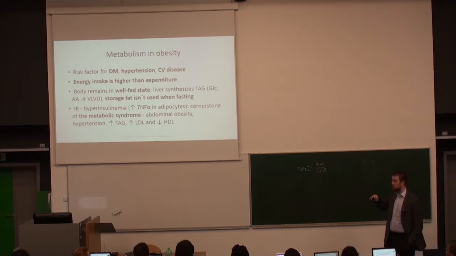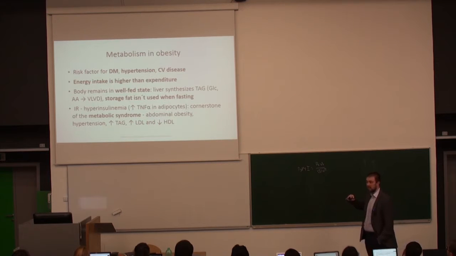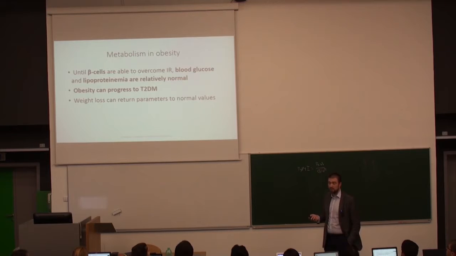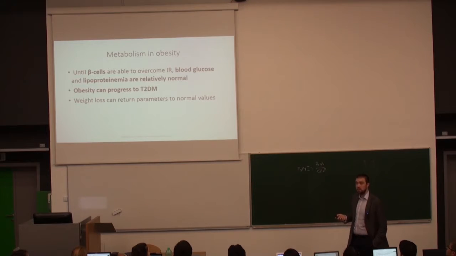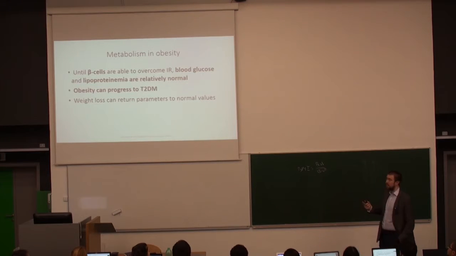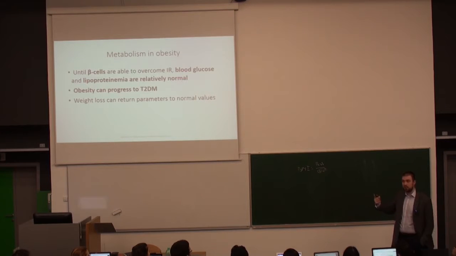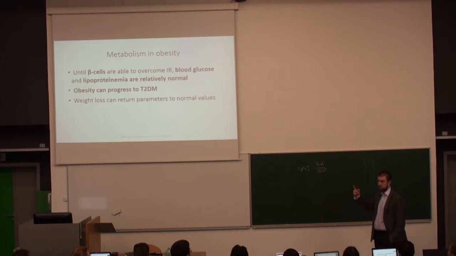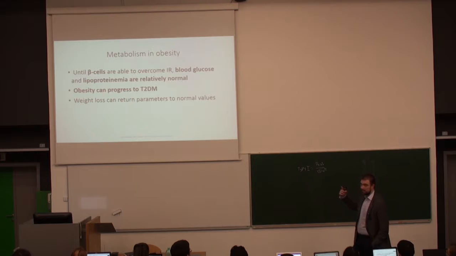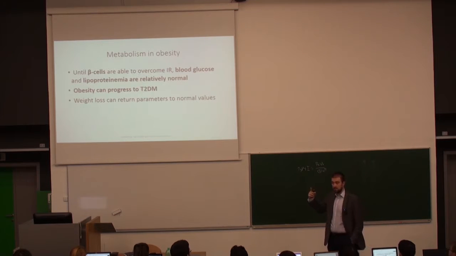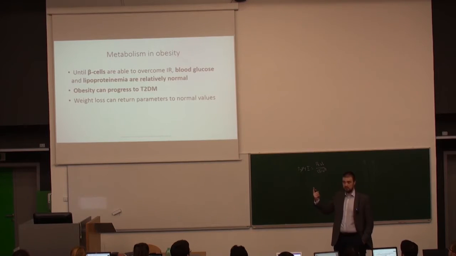In this state, you can spend some time, and your pancreatic beta cells are trying to keep you in this state, but they must pay by increased insulin secretion. At one time, the cells are not able to produce more insulin.